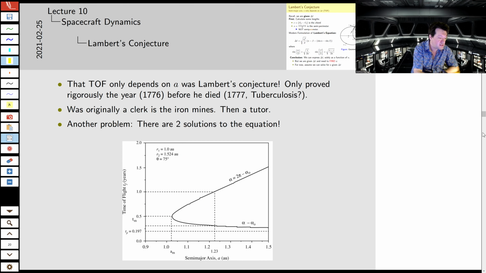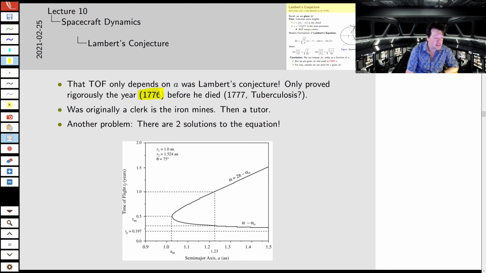Again, Lambert's equation and Lambert's conjecture were only rigorously proved much later, by Legendre, I believe, in 1776, which is the year before Lambert died, in 1777, of tuberculosis. So I'm not sure if he ever knew that his problem had been rigorously proven.